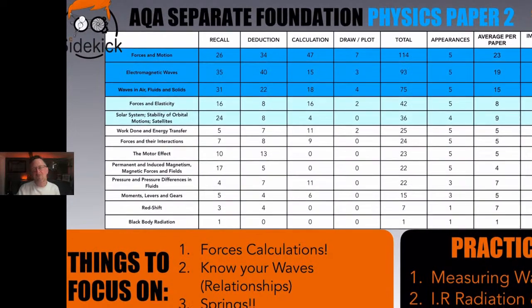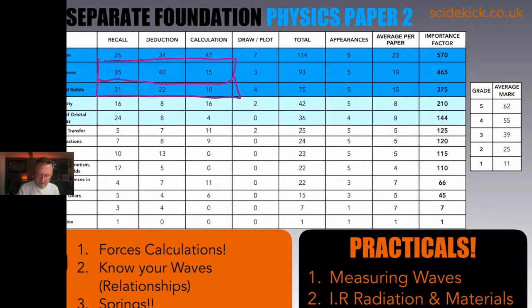Know your waves and relationships. Now, what I mean by that is, of course, in electromagnetic waves here and waves in air, fluids and solids, between those, again, they have got 19, so that's more than these forces combined, okay, on average in a paper.